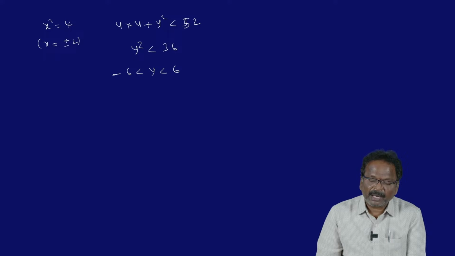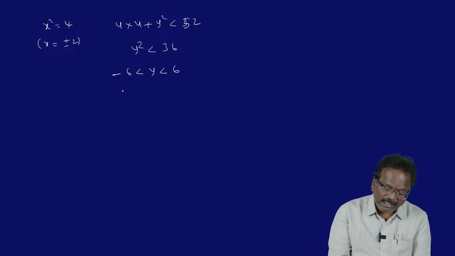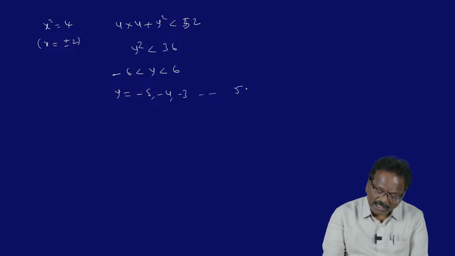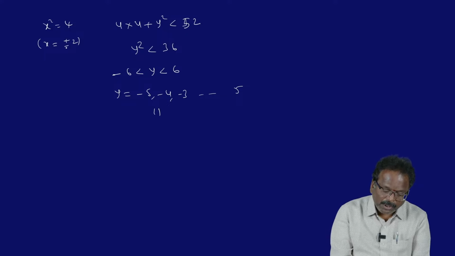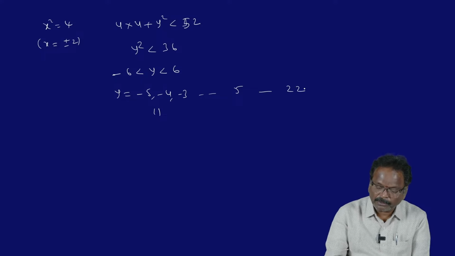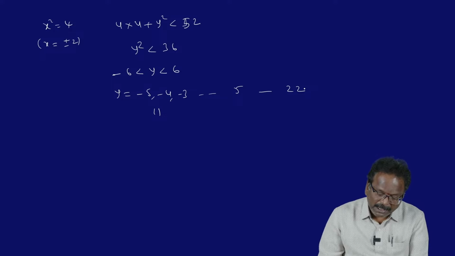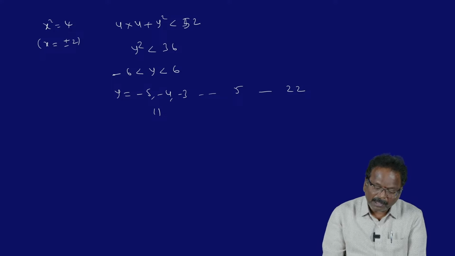So y may be minus 5, minus 4, minus 3 up to 5. Here 11 values are possible for y. If x is plus 2, 11 values; if x is minus 2, 11 values. Total number of values is 22.